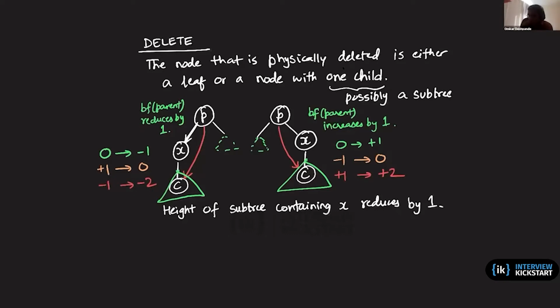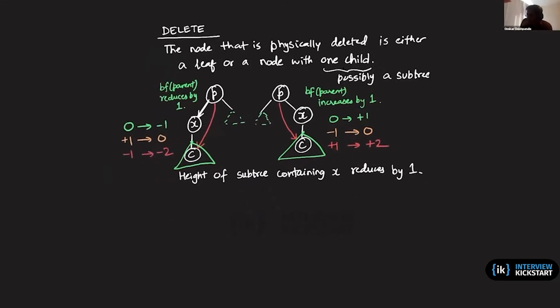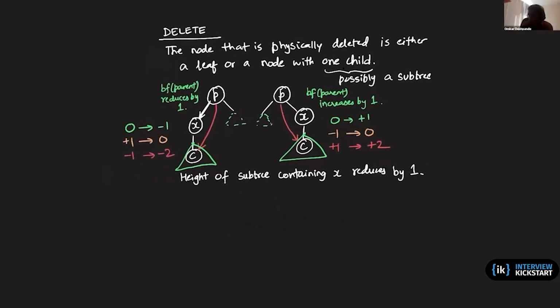Okay, so that means the green case is the following: the height of the subtree rooted at P didn't change.